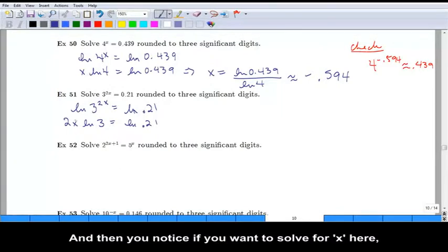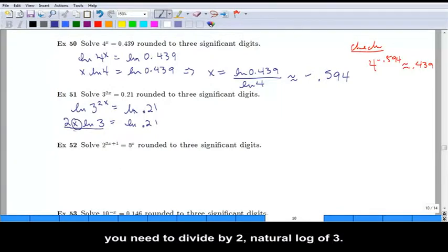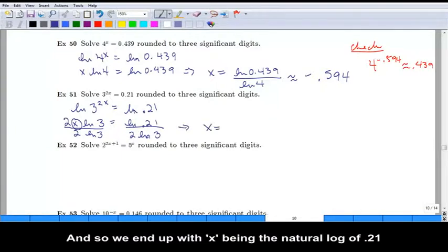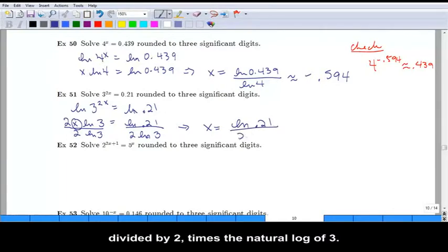Then you notice if you want to solve for x here, you need to divide by 2 natural log of 3. You need to get rid of both of those terms, so we'll do that on this side as well. And so we end up with x being the natural log of 0.21 divided by 2 times the natural log of 3.